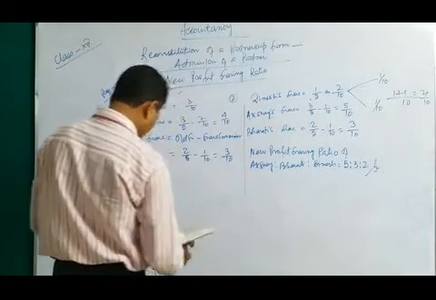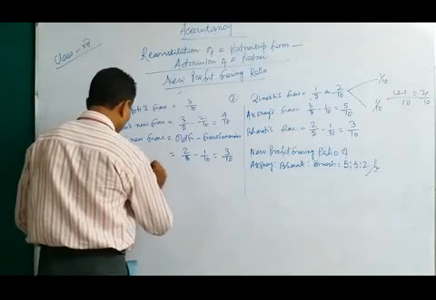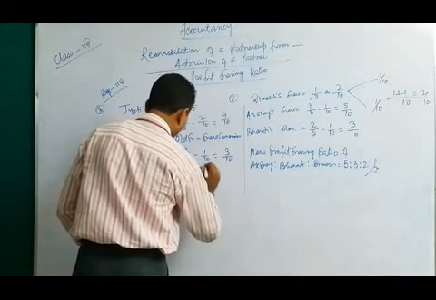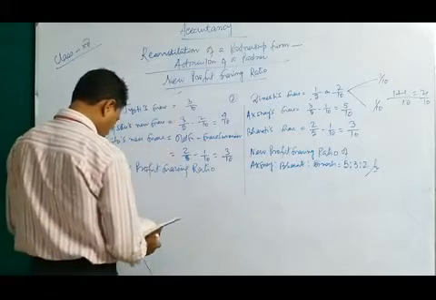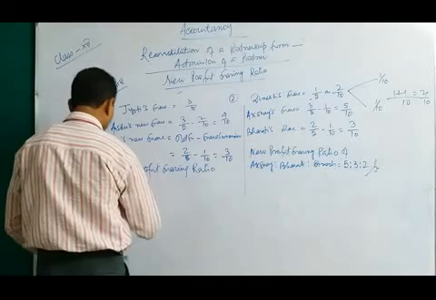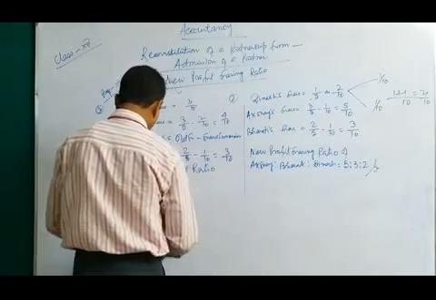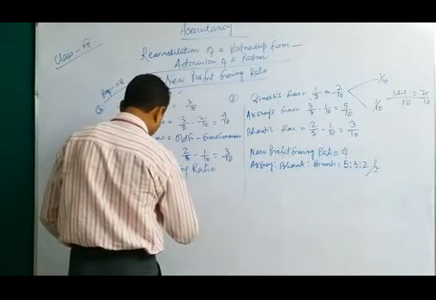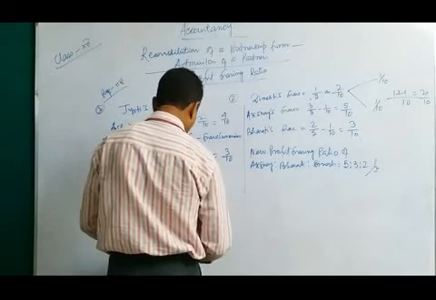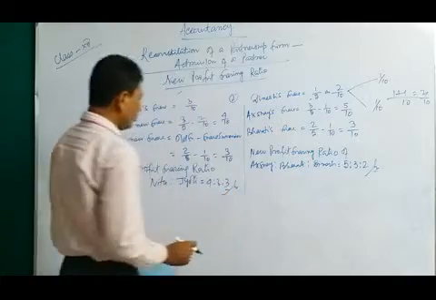The new profit sharing ratio of Anshu, Nitu and Jyoti is 4 is to 3 is to 3.